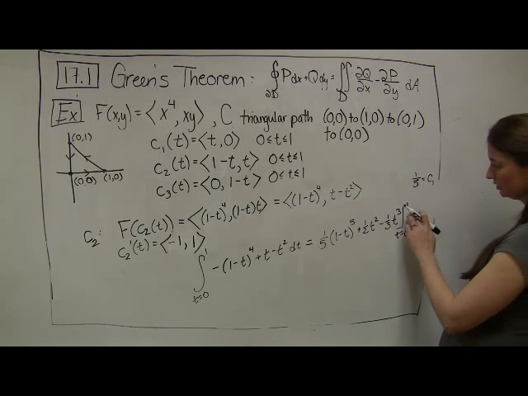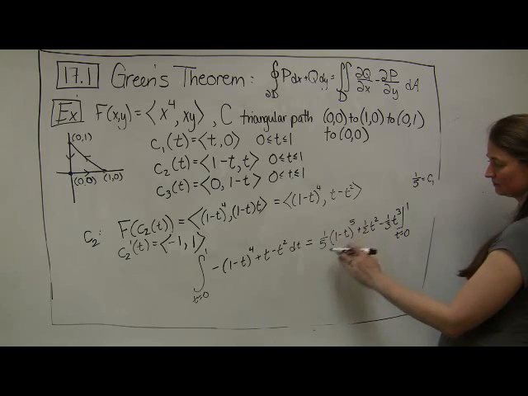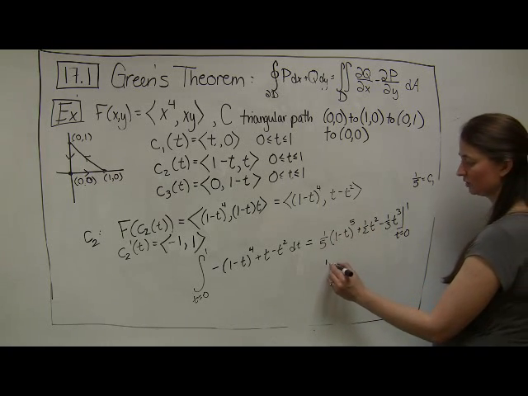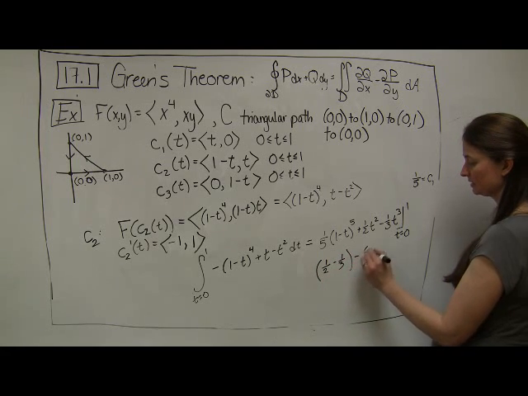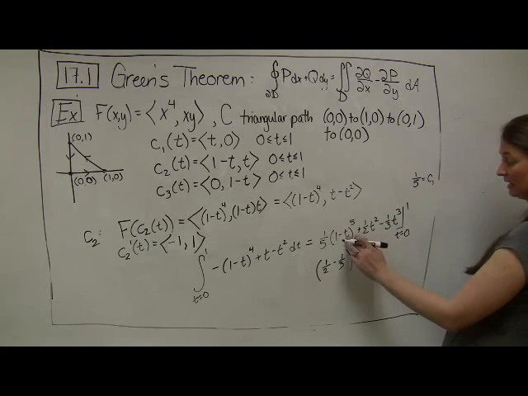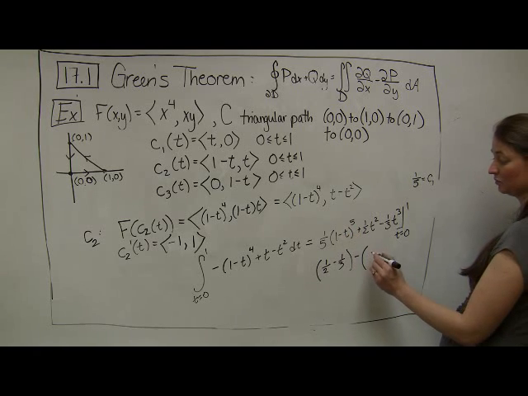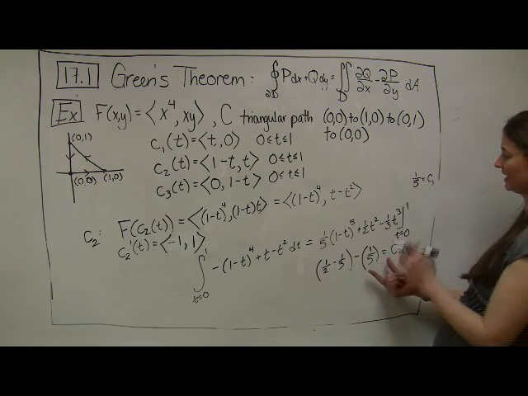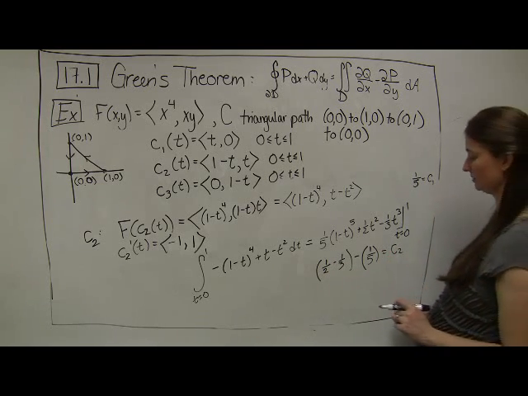When I plug in 1, this term becomes 0, and I end up with 1/2 minus 1/3, minus, when I plug in 0, I get this becoming a 1, so I get minus 1/5, and this is my value for C2. I'm not going to simplify it because I see that it might cancel with some of these other pieces later on.